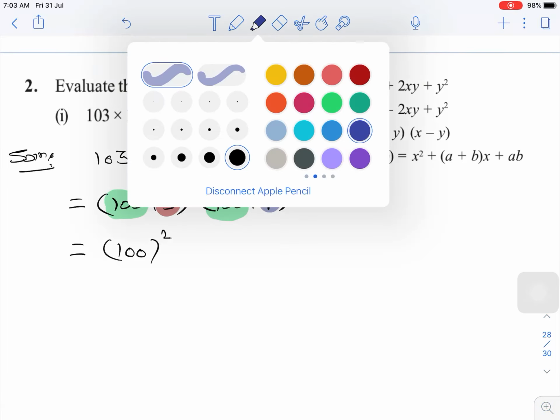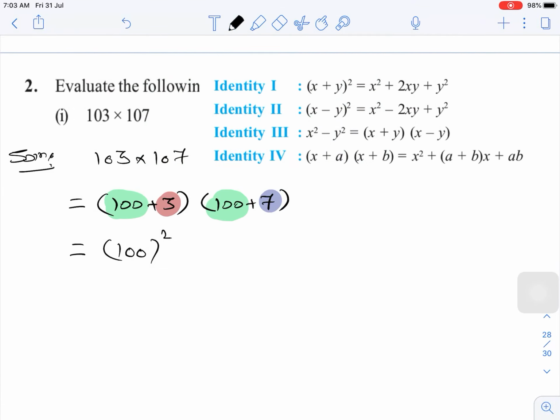Now what I have to do next, which are the uncommon? 3, 7. We have to add them. Okay, so plus 3 plus 7, then we have to multiply it with the repeating term, that is 100. Plus, now next step, product of the uncommon, so that is 3 into 7.